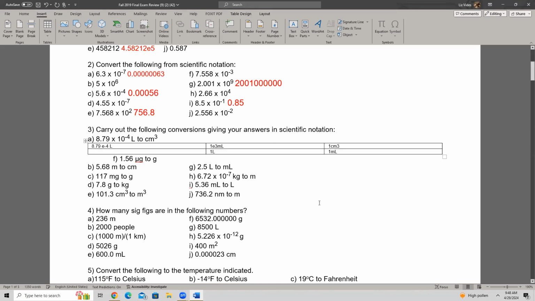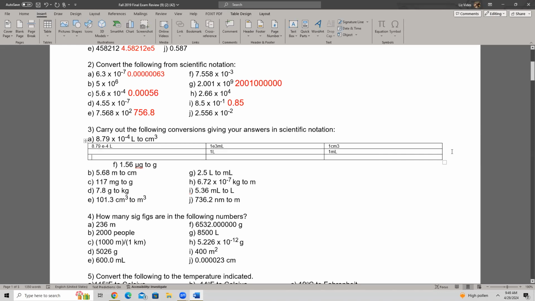Okay, there we go. Now I can get the answer. I'll just put the answer in this next little block. All right, so you're just multiplying, right? So remember, when you multiply, you add the exponents. So it's just going to be 8.79 e to the negative 1. And that is centimeter cube.